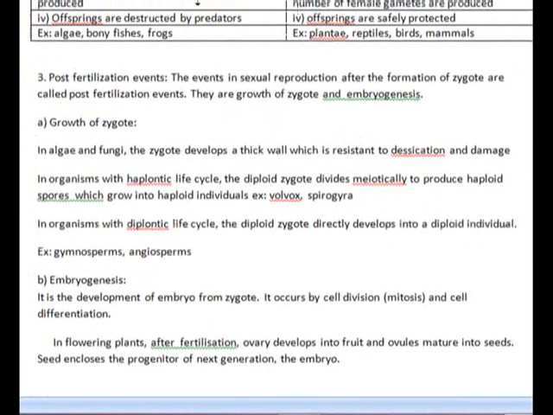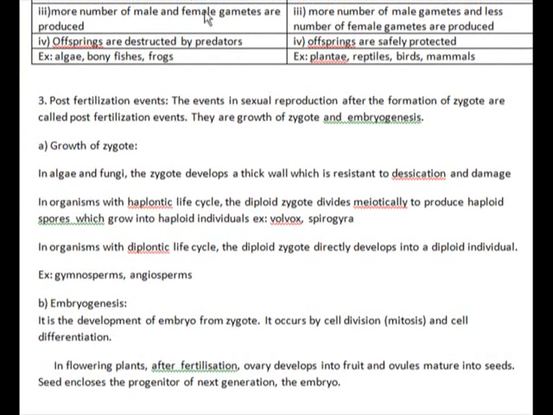So it starts with the formation of zygote, and the zygote should develop into new individuals, and those are together called post-fertilization events. So these are the events in sexual reproduction after the formation of zygote, and they are called post-fertilization events, and there are two important events.